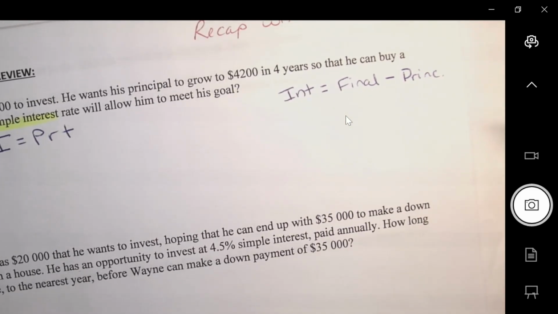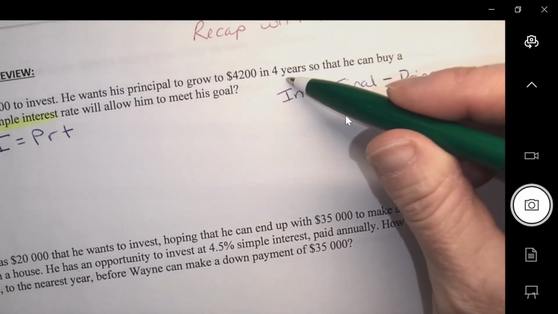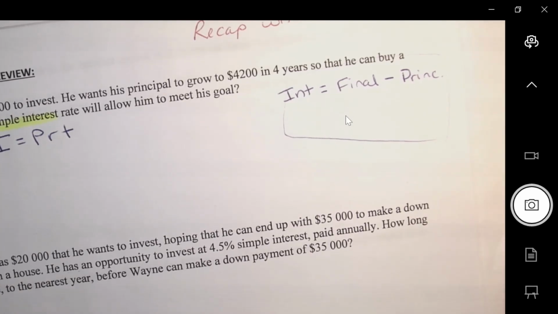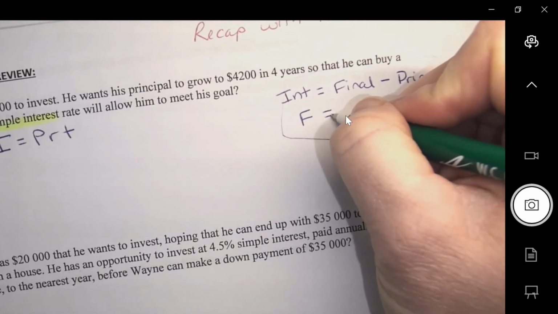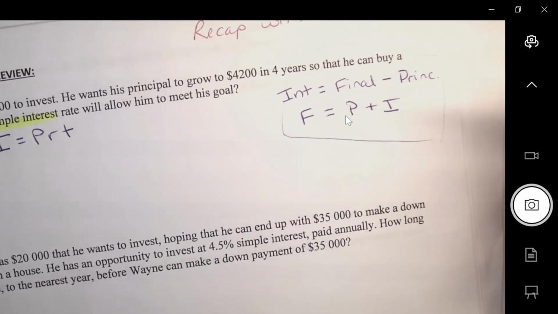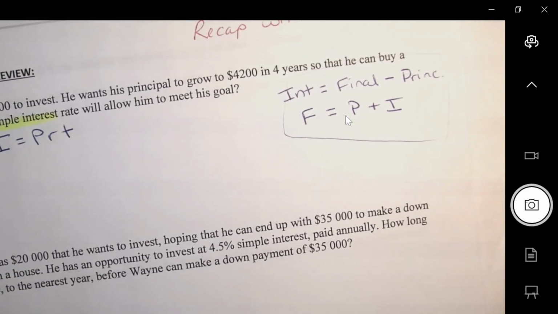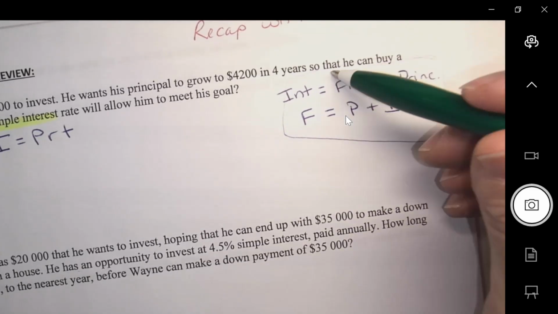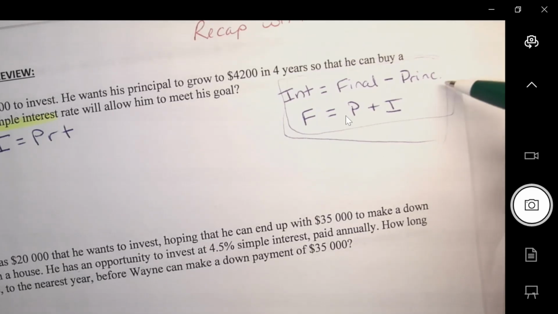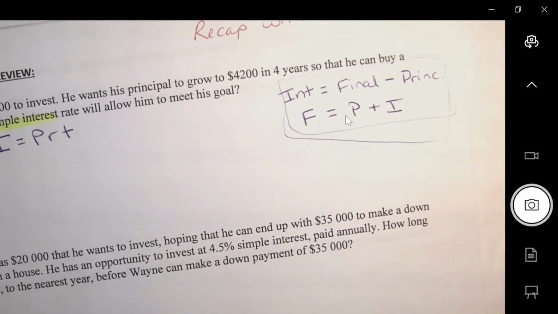What you have at the end minus what you start with is your interest. So I would write something on my cheat sheet to make sure I always remember that. Or I could move this around. You could say final equals principal plus interest. Okay? So if you want something like that on your cheat sheet, that's what I would do.